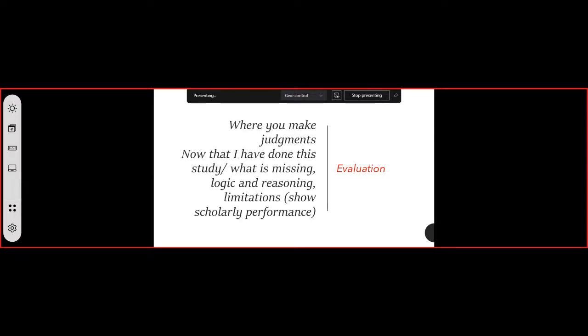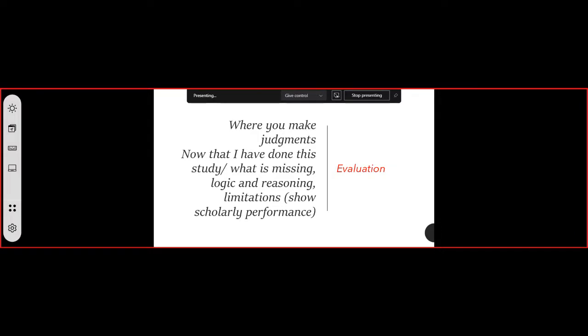But when you reach your own conclusions and your own judgments, please do so with a clear logical argument where you substantiate your statements with evidence before you reach a conclusion. So very, very important with the judgments that you make.